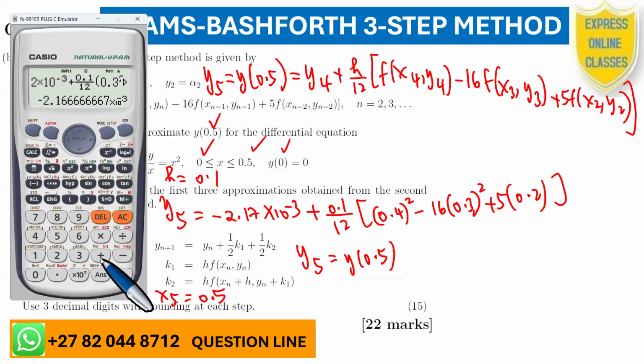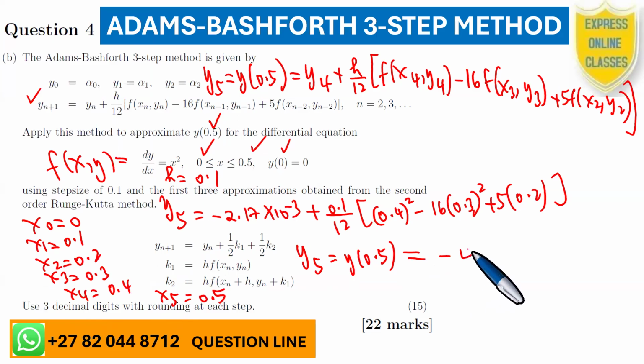So now this is plus 0.1 divided by 12, 0.4 squared, 16 times 0.3 squared, plus 5 times 0.2, which is minus 4.5 times 10 to the minus 3. So this is what we wanted.